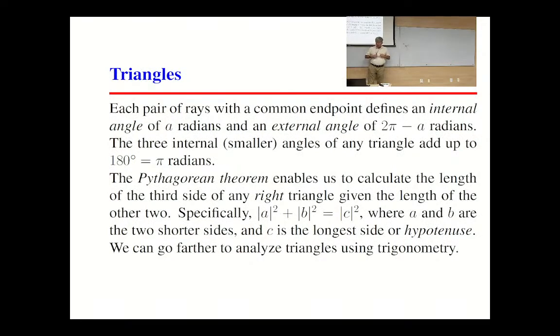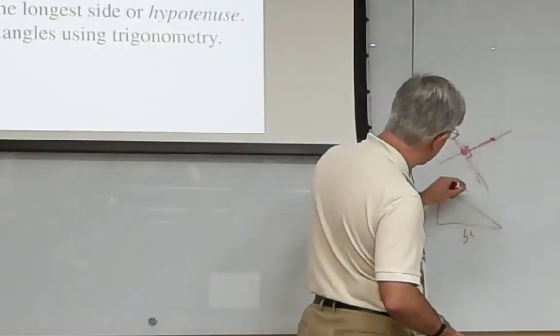Okay, another basic thing that comes up in geometry a lot is triangles. What do we know about triangles? We know that the sum of their interior angles adds up to pi. We know that if we have a right triangle, it obeys the Pythagorean theorem: a squared plus b squared equals c squared.